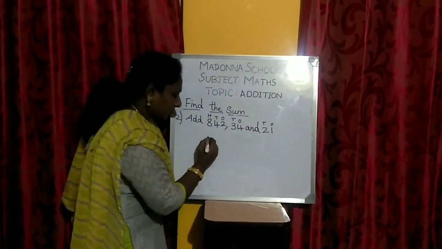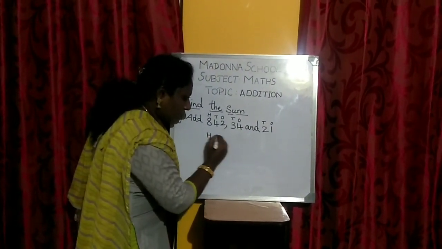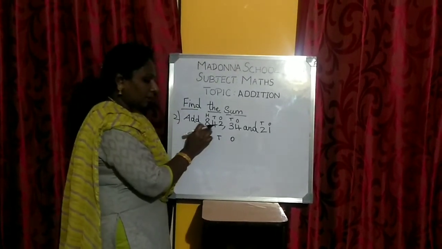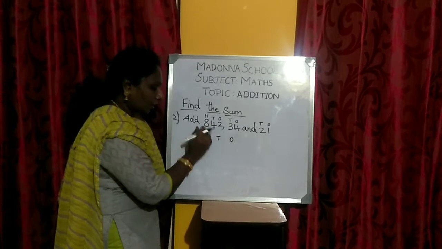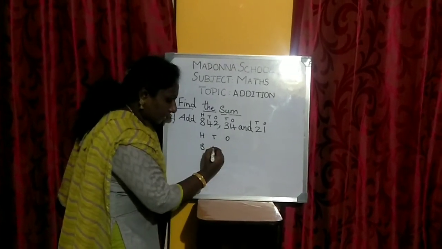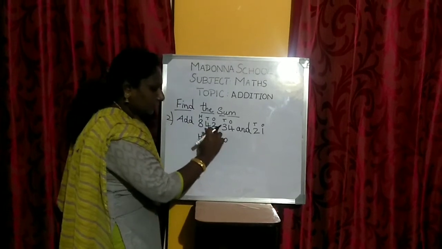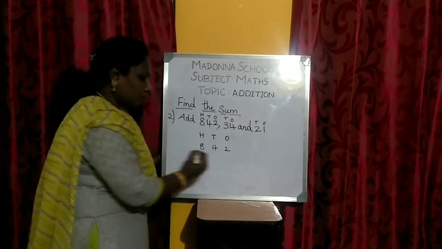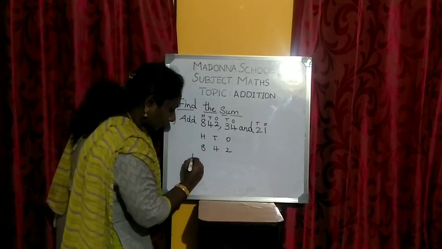So now arrange the numbers. Write the place value, 100's, 10's and 1's. What is the first number? 842. So 8 is at 100's place, so I am writing here 8. 4 is at 10's place. 2 is at 1's place. So write the sign plus.